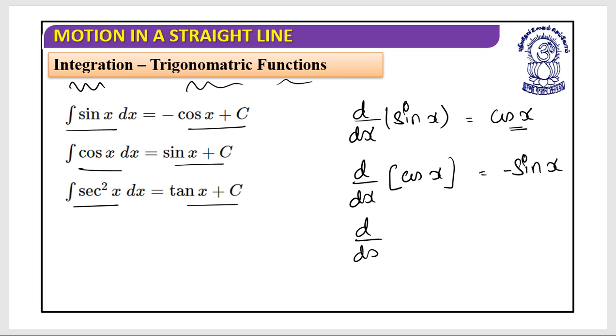And d by dx of tan x would be sec square x. So as we discussed previously as well, this is exactly the reverse process of differentiation, these two are reverse processes of each other. I hope these things are clear to you.